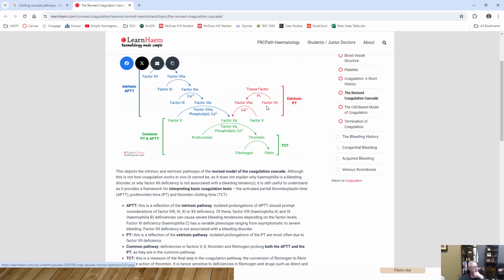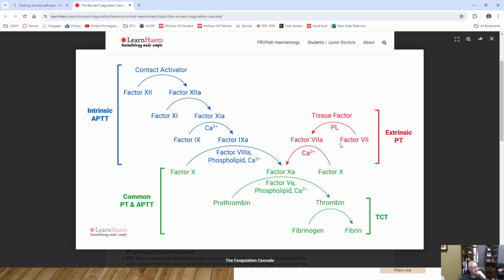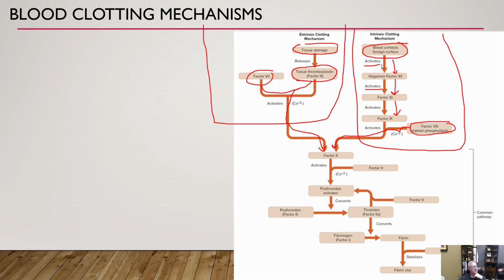So if we're looking at the extrinsic side, factor 7 comes in, and then in the presence of tissue factor, it gets converted into factor 7A, and then in the presence of calcium, factor 10 is going to go into factor 10A. On the intrinsic side, we start out with factor 12, and then here we have these activates.